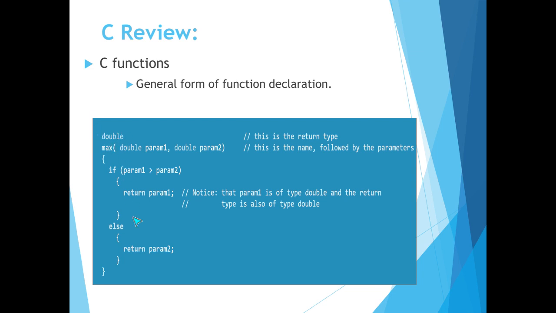If we don't want to return a value, for example, here you see that we use return param2. If we don't want to use this code and we want to use another code, where we only want to execute something and it's not required to give us a result, then here, instead of the return type, we use the void term.